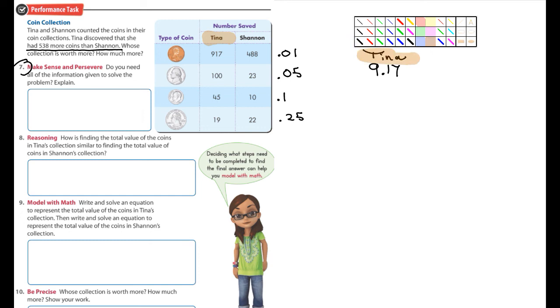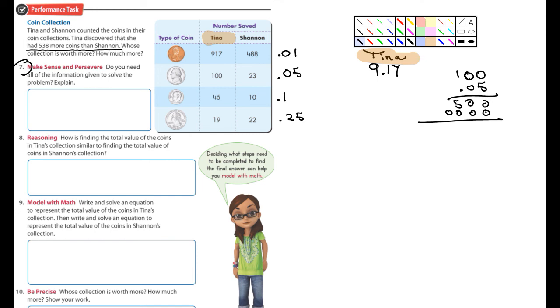Okay. And then she has, looks like 100 nickels. Well, what's 100 times 0.05? So 100 times 0.05. So that's 0, 0, and 5. And then we have, here's our placeholder, then 3 more zeros.